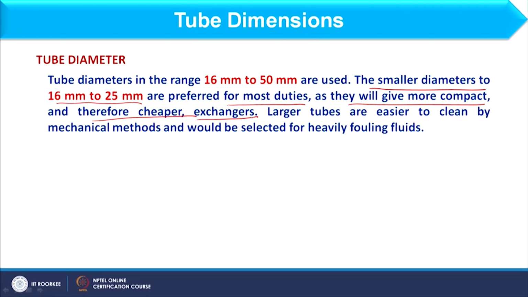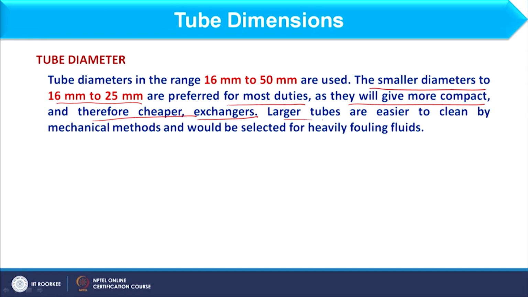So, compact design is possible when I have smaller diameter tubes, and a compact design gives a cheaper exchanger as it has a smaller diameter shell in comparison to a wide exchanger, not the compact.